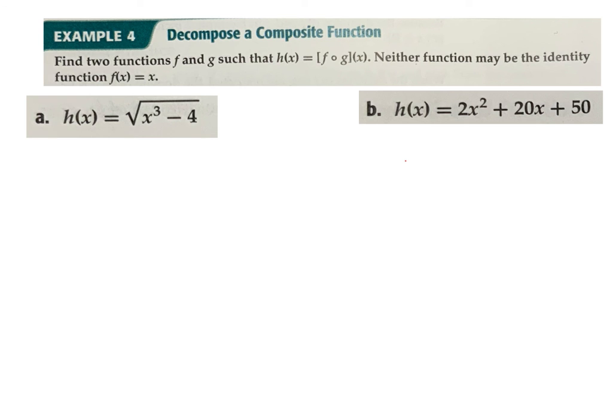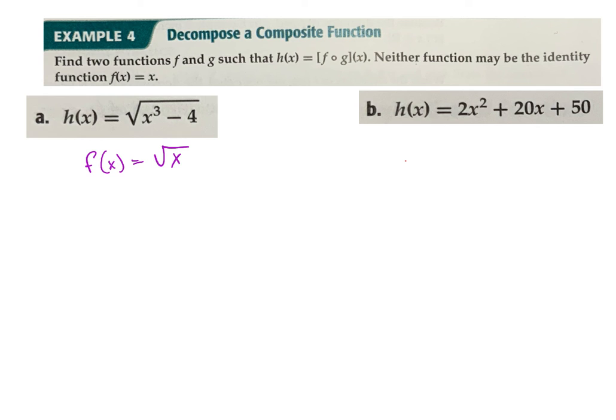All right, so with this one, the first one is actually a little more simple than the second one. The first one, you can see that you have a square root and you have the function x cubed minus 4. And so what you could say is, well, I have one function that could just be a square root.